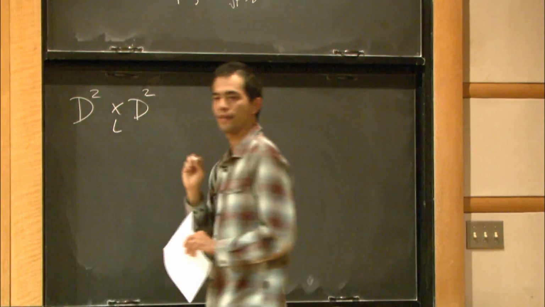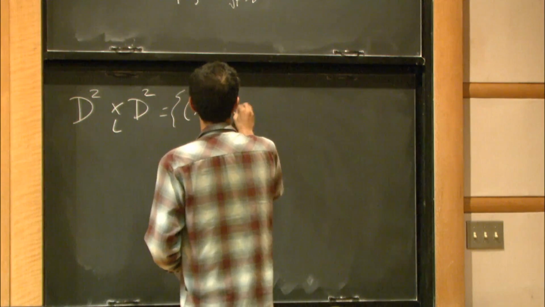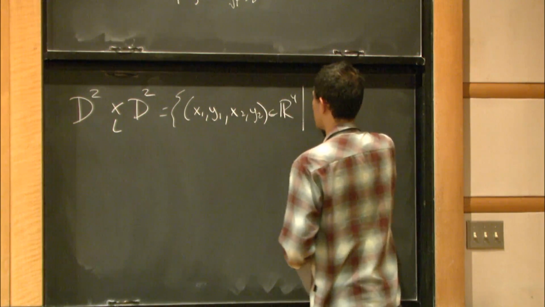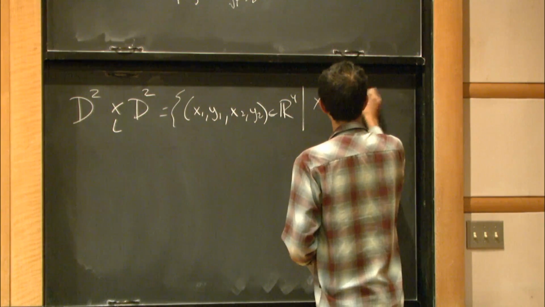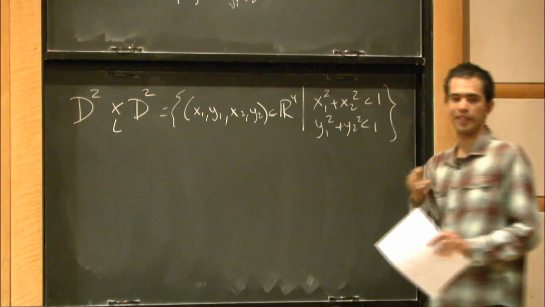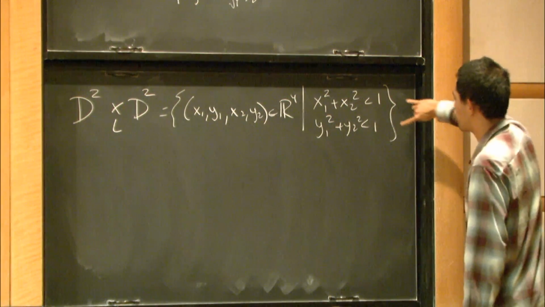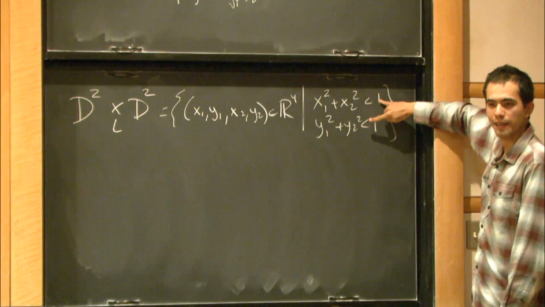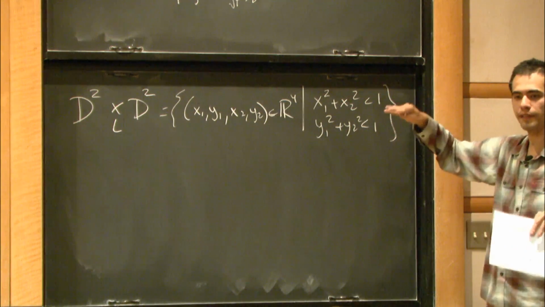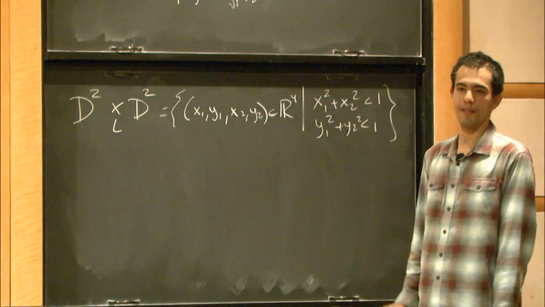I have two disks, and the Lagrangian product is the set of (x1, y1, x2, y2) in R4 such that x1 squared plus x2 squared is less than 1, and y1 squared plus y2 squared is less than 1. Notice I'm not putting the pi's. Another thing to notice is that it doesn't matter if you take different numbers here, because up to a symplectomorphism, you can make them equal. So all Lagrangian products of two disks will be symplectomorphic to a multiple of this one. So we will just study this particular one.